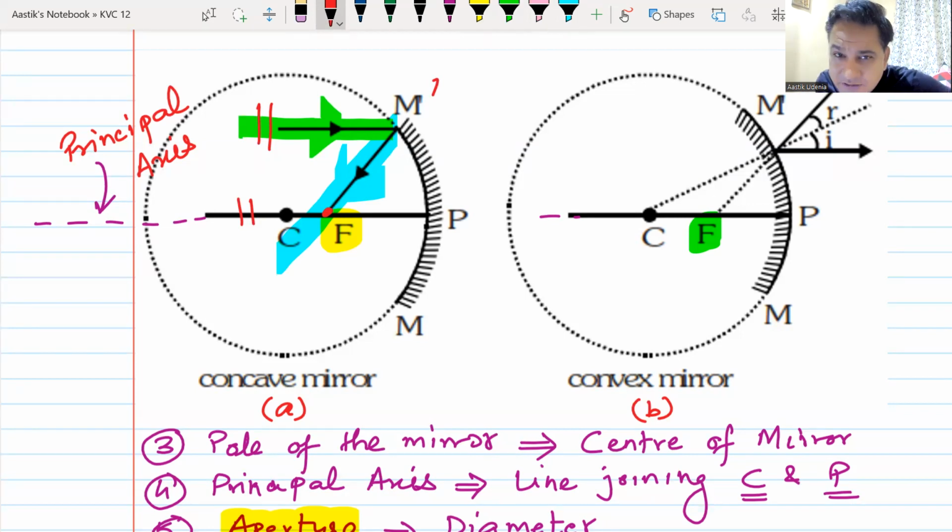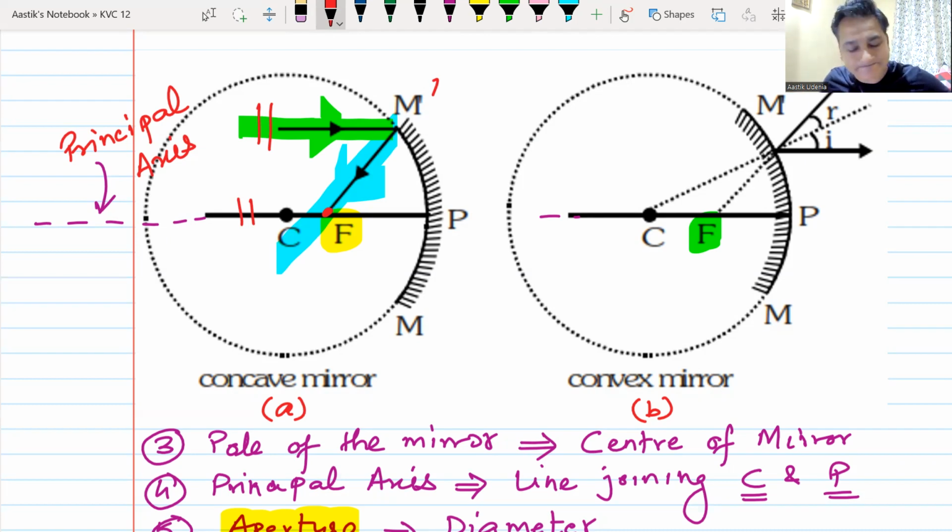So it is the point of intersection of reflected rays when the incident rays are parallel to the principal axis, the point where these reflected rays meet, or through which they pass on the principal axis. That point is known as the principal focus.